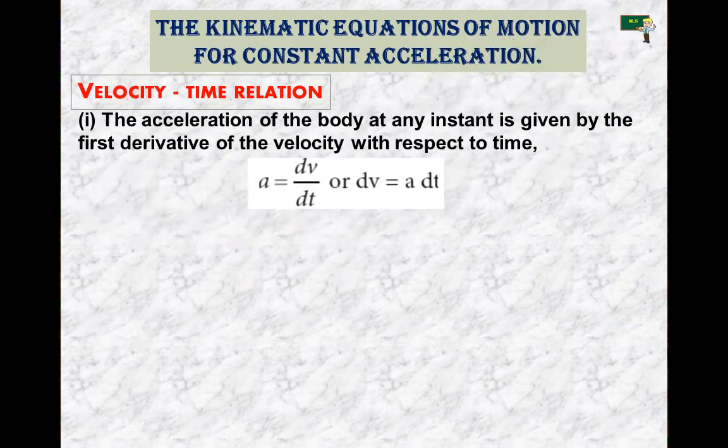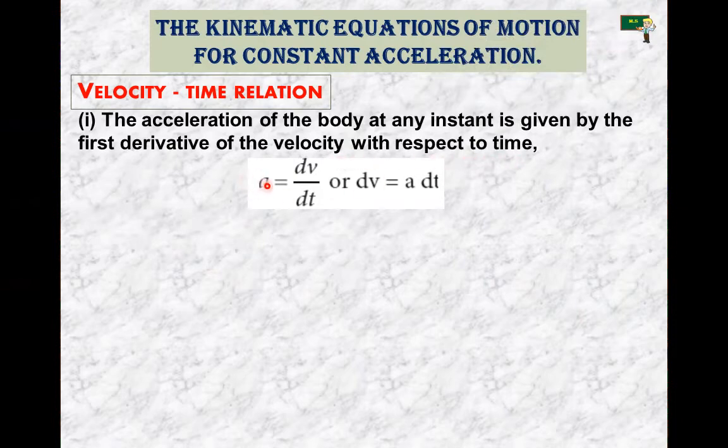Let us see the velocity and time relation, the relation between the velocity and time of a moving body. The acceleration of the body at any instant is given by the first derivative of the velocity with respect to time.